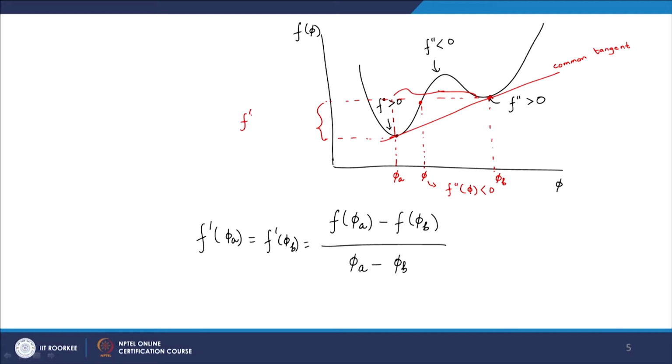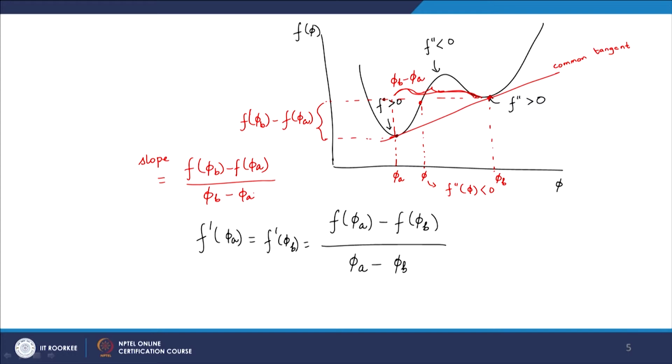This is of course f of phi B minus f of phi A, and this distance along the x direction is equal to phi B minus phi A. So, if I calculate the slope of the tangent, that is slope, which is what essentially what we have here.